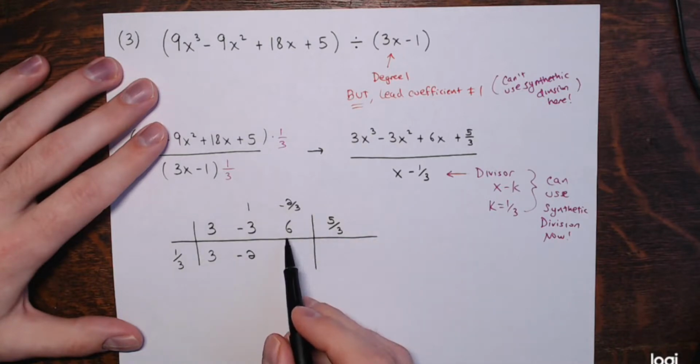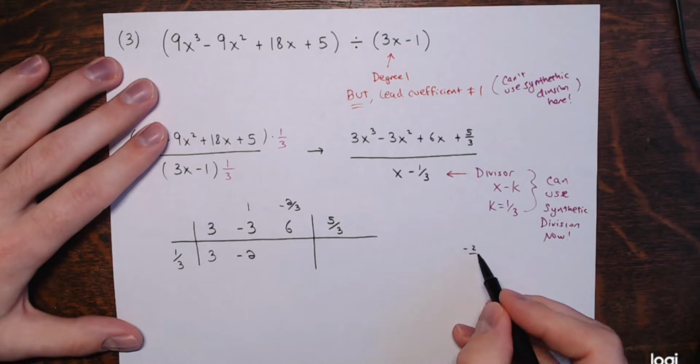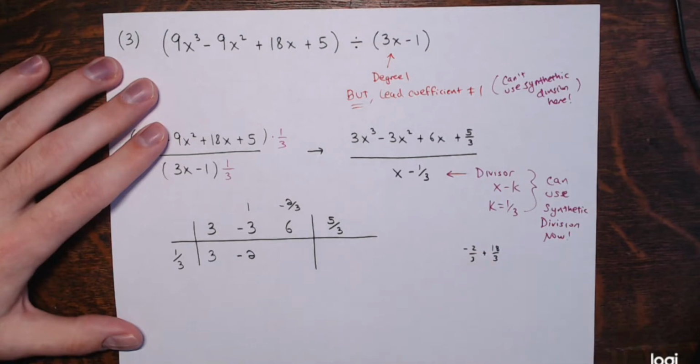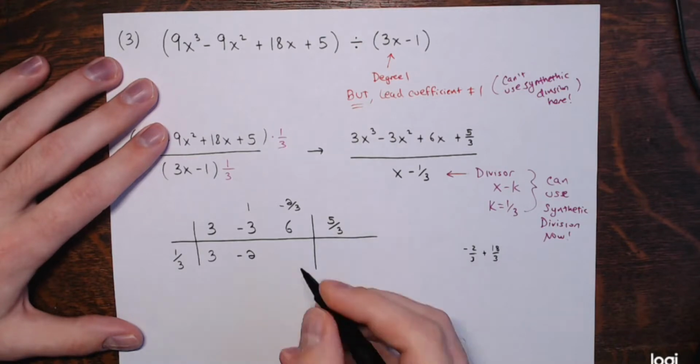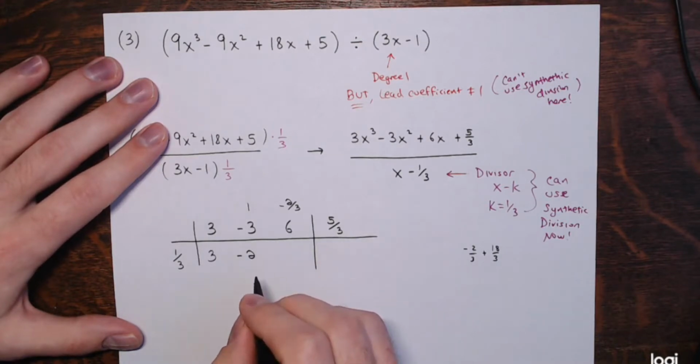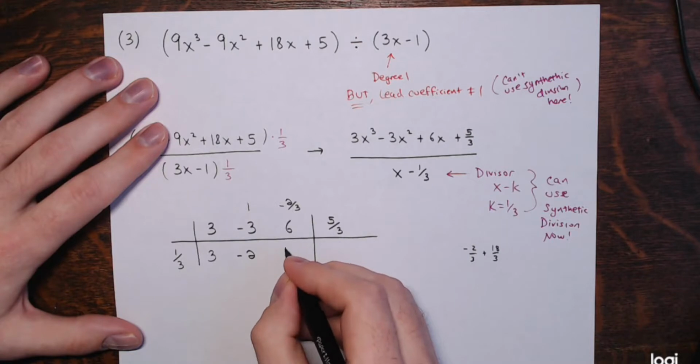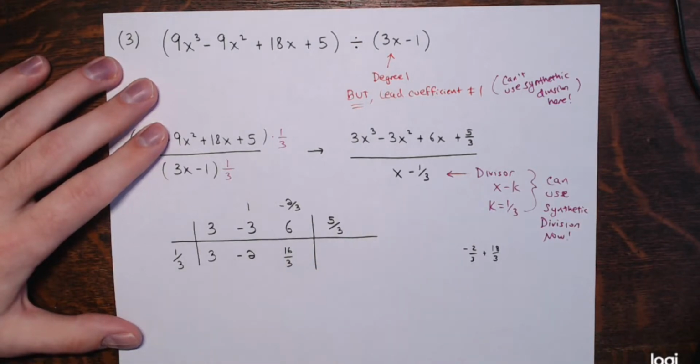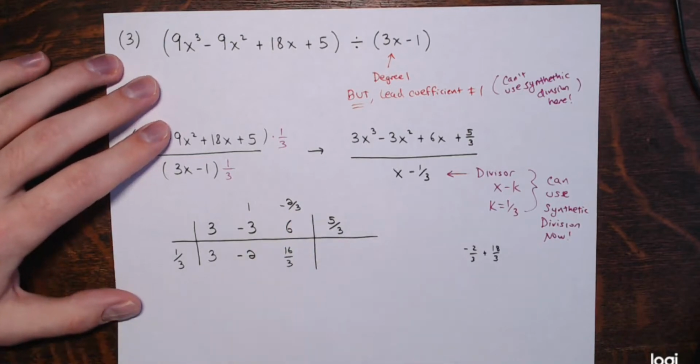Negative 2/3 plus 6 is negative 2/3 plus 18/3. Remember, when you add, you need a common denominator. So that'd be 16/3 when you add negative 2/3 and 6.